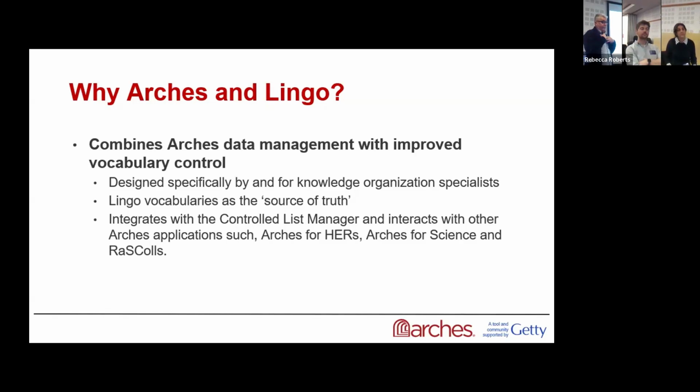And as the person in charge of those vocabularies, I've got to update three separate instances of those vocabularies. What I want to do is come into Lingo, do it once, and then let Lingo talk to those instances and make those updates. So that's a case where my instance of Lingo could just be in-house.